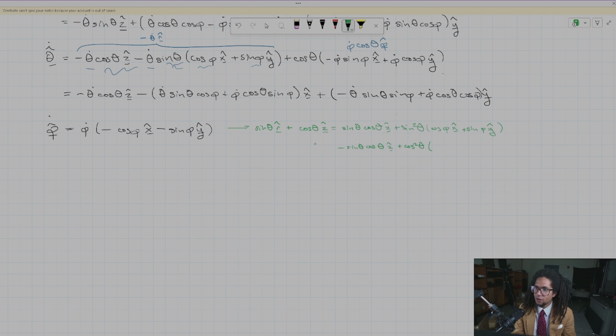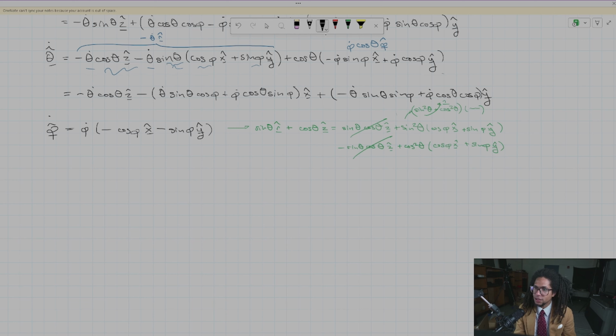So we get cos phi x hat plus sine phi y hat. That means that these two cancel, and then we get the Pythagorean identity on the other two things. So we get sine squared theta plus cos squared theta times some other stuff, but this is 1. Great.